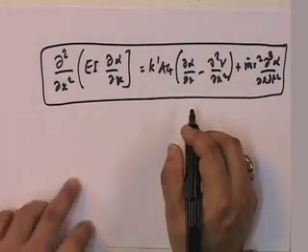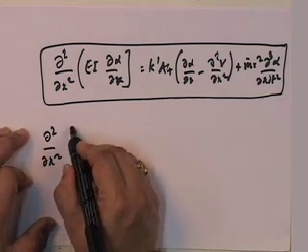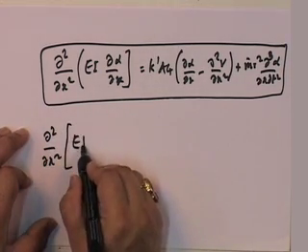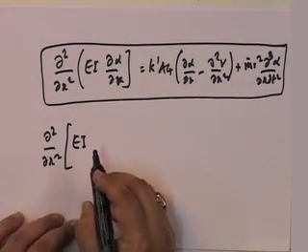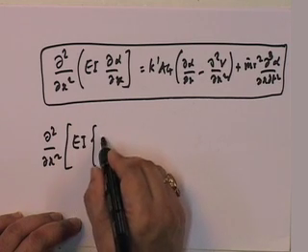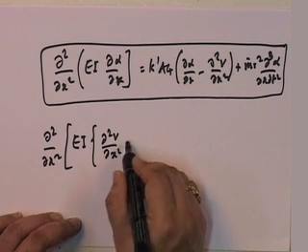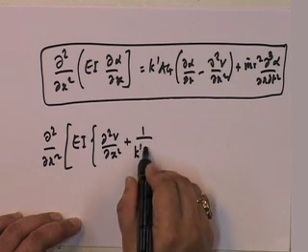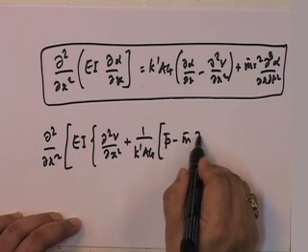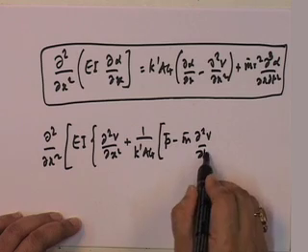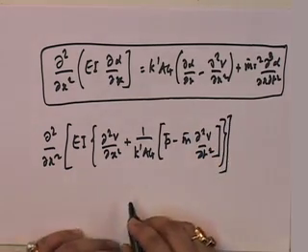This becomes ∂²/∂x² of EI ∂α/∂x; let us just substitute it, and you get it equal to ∂²V/∂x² plus 1 upon k' A G into (p bar minus m bar ∂²V/∂t²).